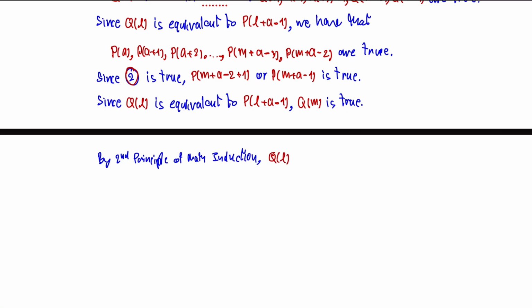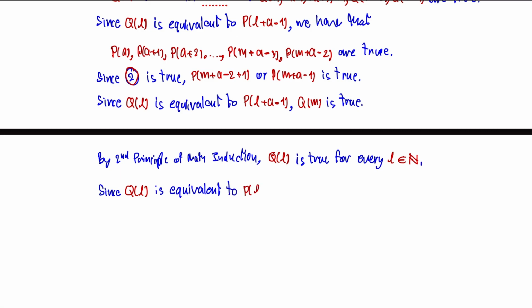Q of L must be true. So it is true for every positive integer L. Okay, and again, since Q of L is equivalent to P of L plus a minus 1, what do we have?